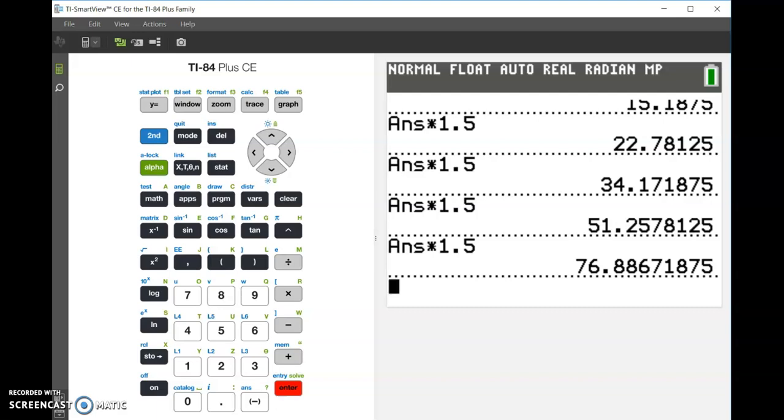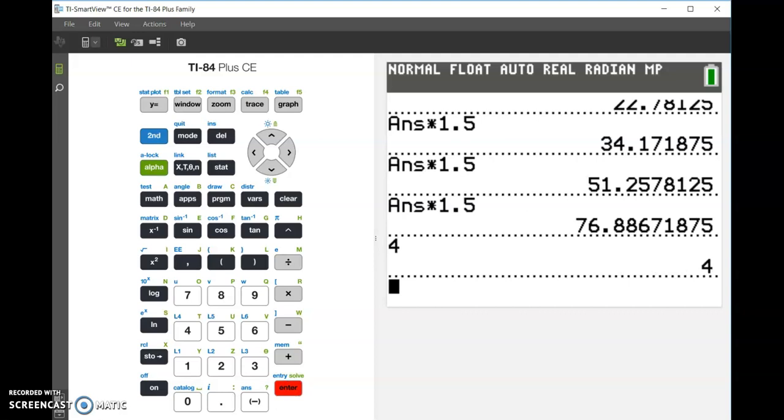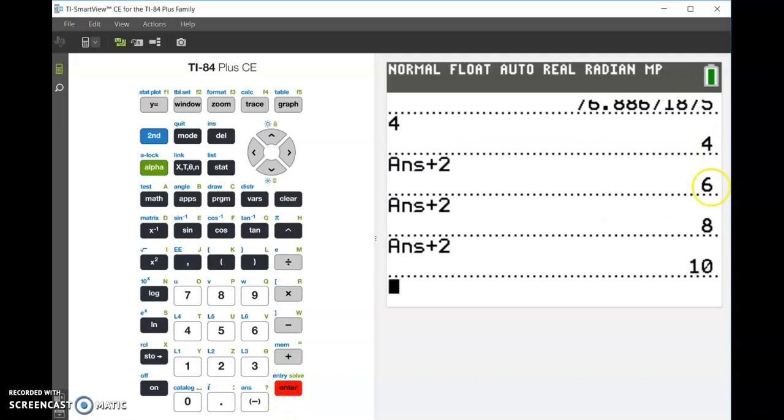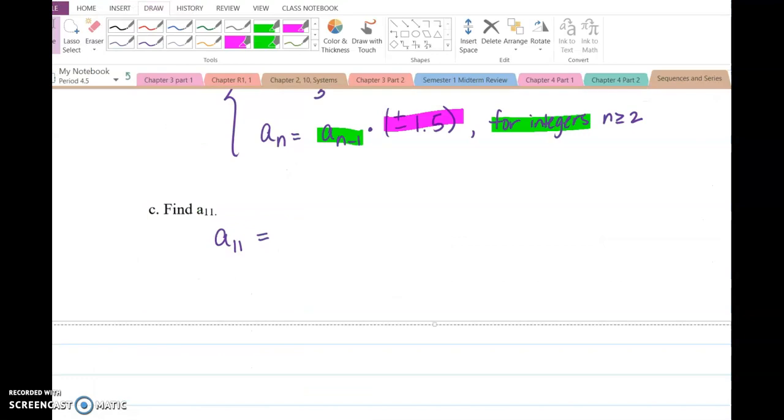So that's how you would do geometric, because you're multiplying. In a linear situation, suppose your first term was 4, and you're always adding 2, you would just do plus 2, and then enter, enter, enter, and that right there would get you the first 4 terms of your sequence. So going back to our sheet here, a sub 11 is 76.89.